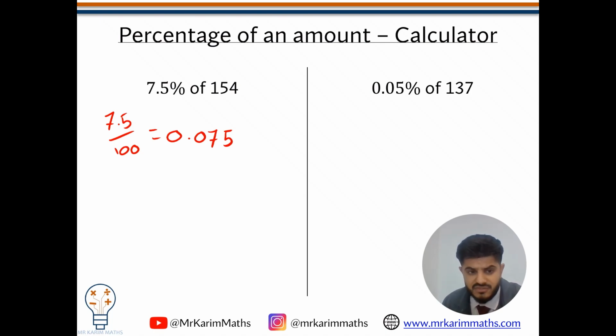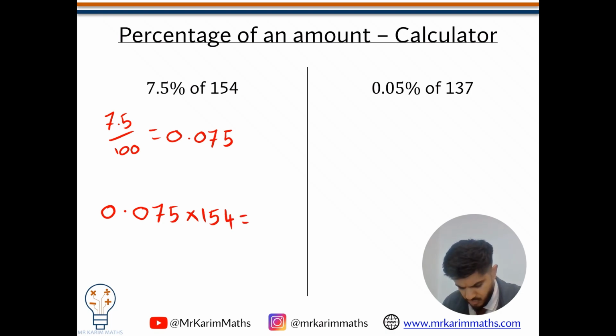Once you've got that value, all you have to do is 0.075 multiplied by 154, press equals, and you get your answer in a matter of seconds. So 11.55.